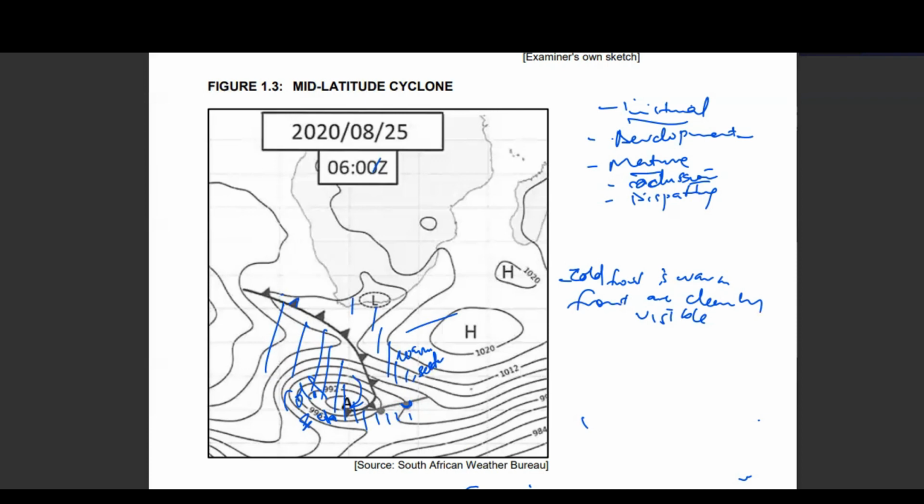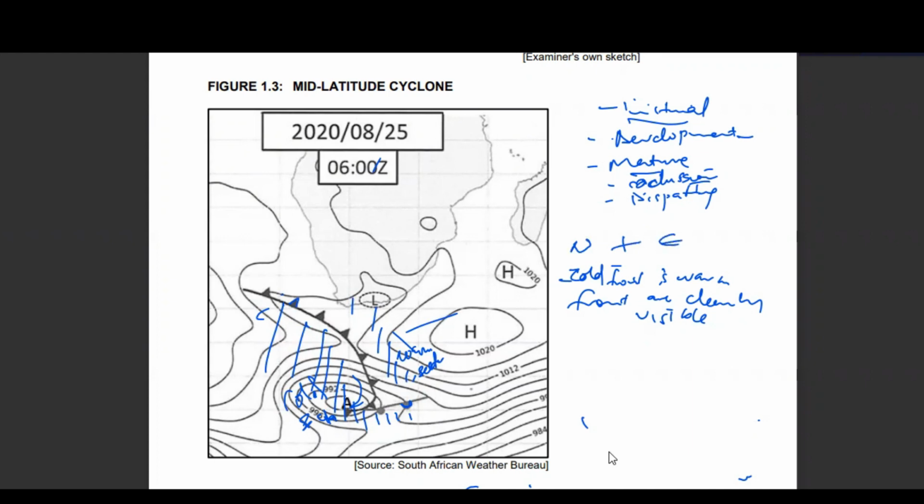All right. Then besides that, you remember that the system moves from west to east. When you look at where the cold front is, it is somewhere here on the western side, which simply means it is proceeding towards this side. And remember we said, when you're looking at the characteristics, that they move from west to east. Why?